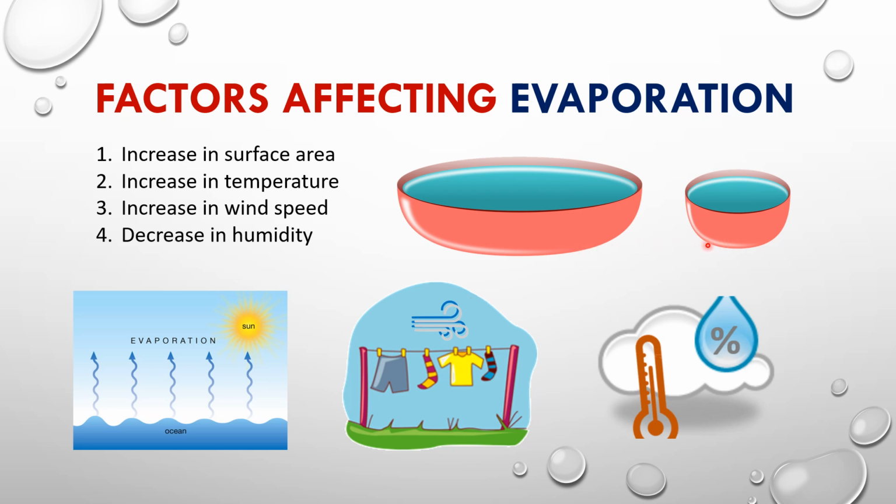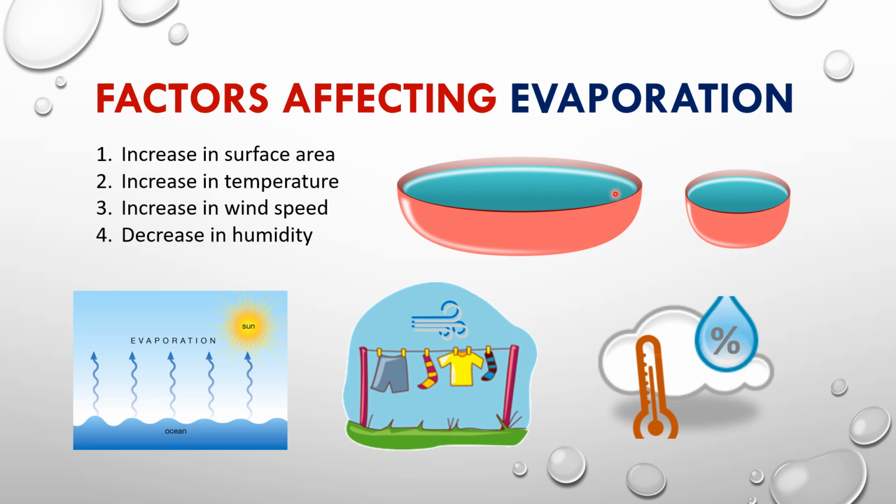After 1 hour or 2 hours, when you observe these two bowls, you can see that in the big bowl the water level has decreased more than in the smaller one.